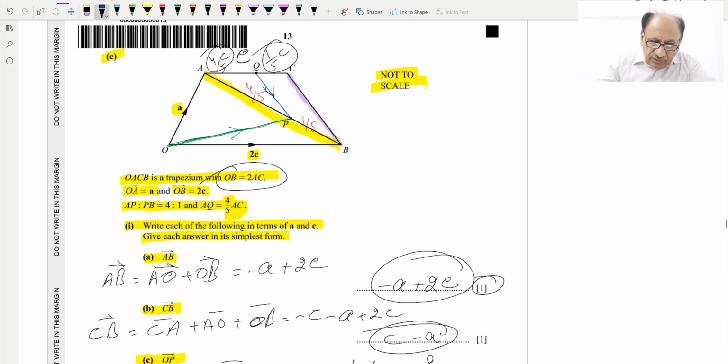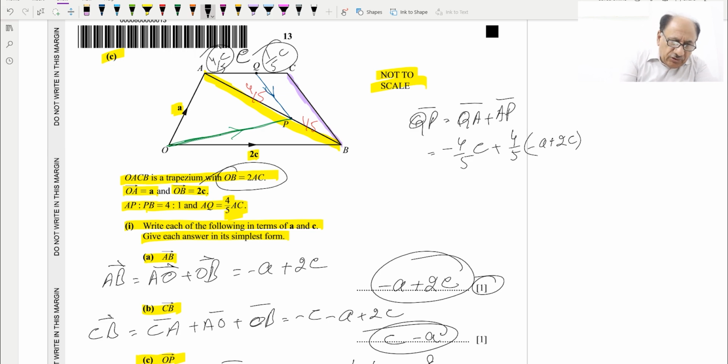So QA will be minus 4 by 5 of C because of the opposite direction, and plus AP we already have, which is 4 by 5 of AB, which is 4 by 5 of minus A plus 2C.